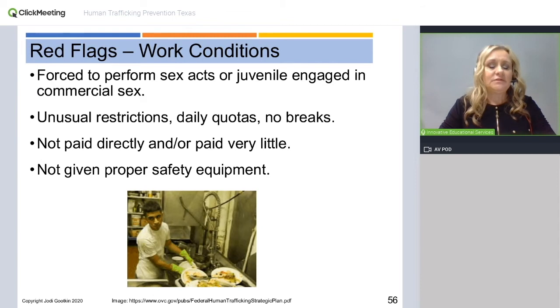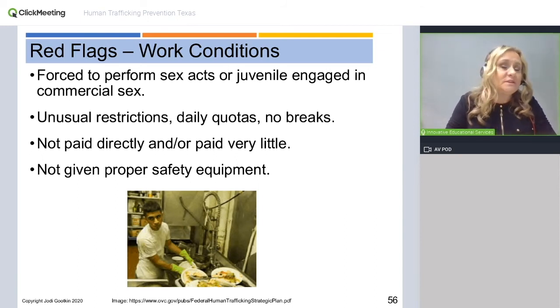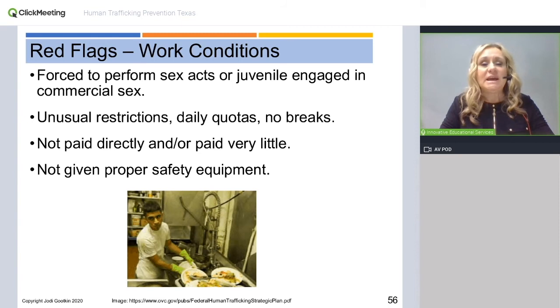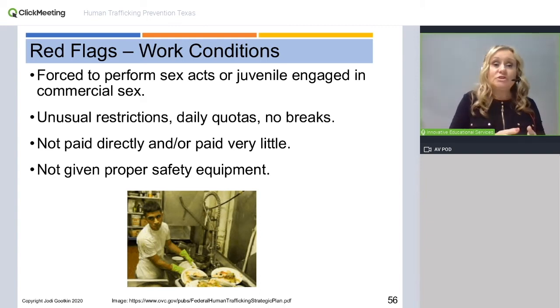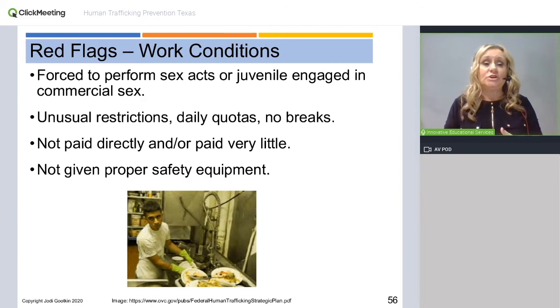When we look specifically at the work situations, we know some individuals are working for minimum wage. They don't have jobs that they love. They're mundane tasks. That is very different than human trafficking, where the individual is either forced to perform sex acts or they are working under conditions that are not in accordance with fair labor practices.